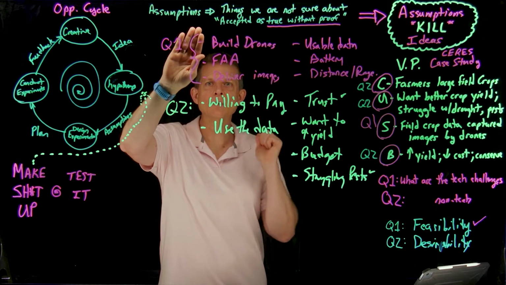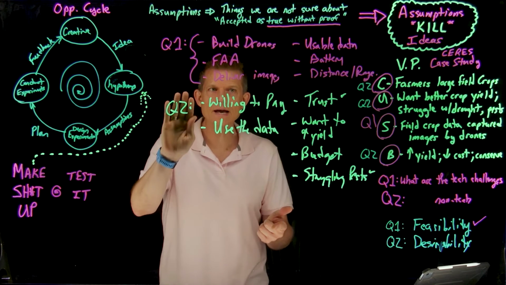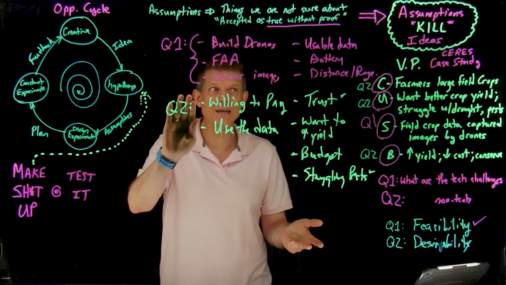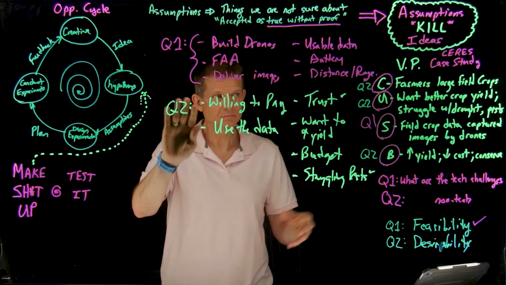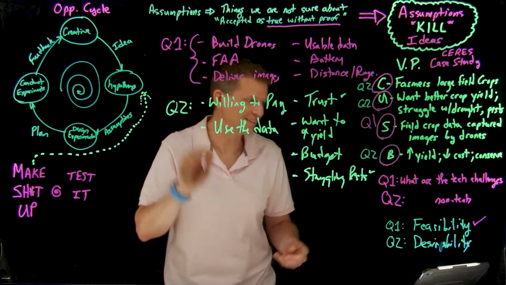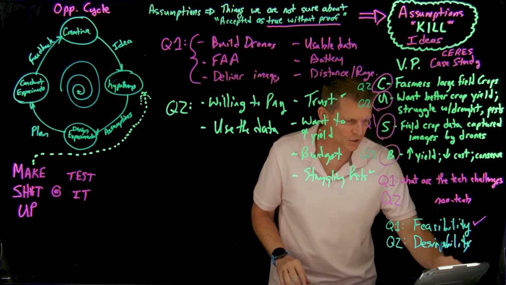Feasibility, can we make it and deliver it? Desirability, do they want it, willing to pay, desire it? Guess that's why they call them desirability. Do they desire it?